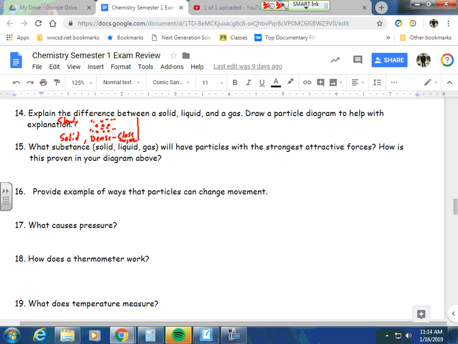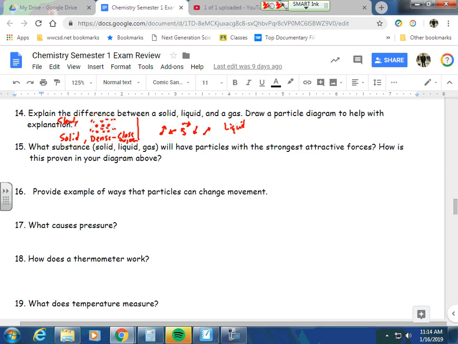Liquid: let's say I still have those 6 particles, but now they're going to be a little more spread out. And in a liquid, the particles do actually change place with each other and move around a little bit, so I will draw arrows on those, just random directions. Not big ones, though.